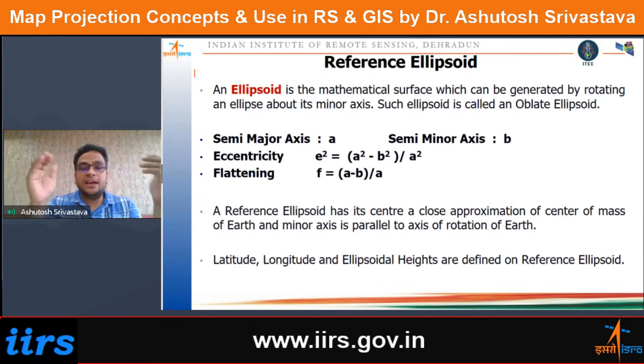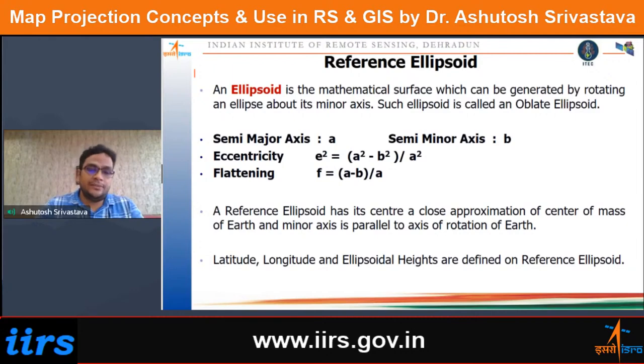In the circle case, A equals B, so e will be 0. But if it is some number, A is not equal to B, that means some eccentricity is there, and in that case an ellipsoid will be there.